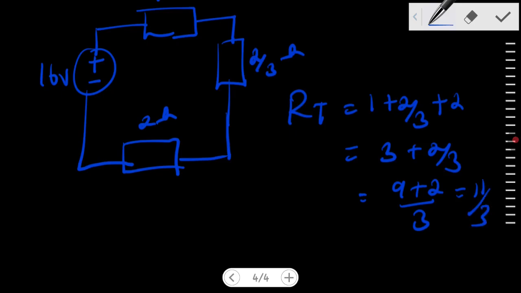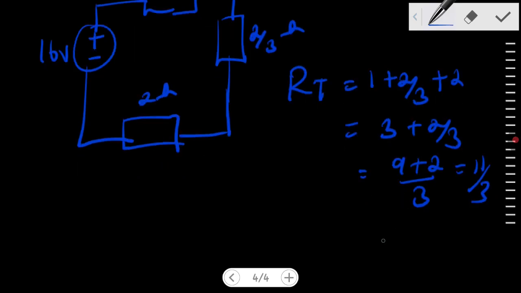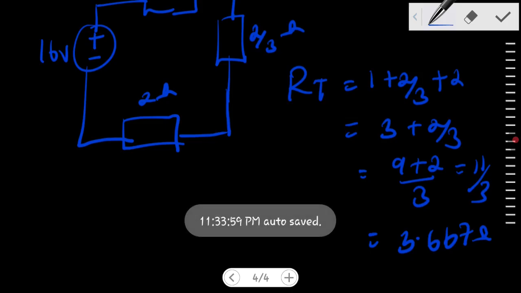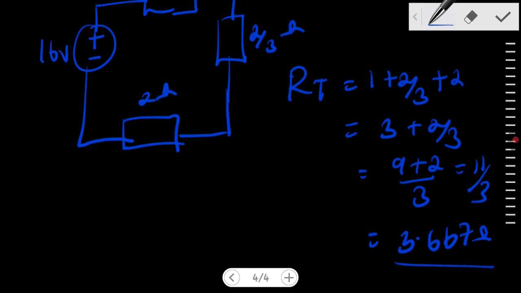In decimals, R equals 3.667 ohms, right? Now, this is the total resistance.